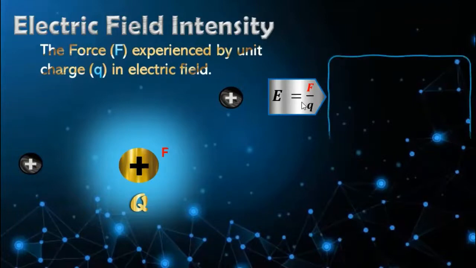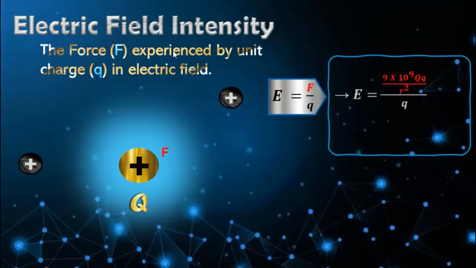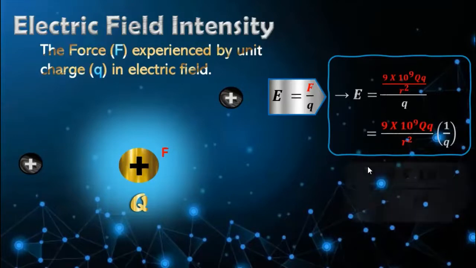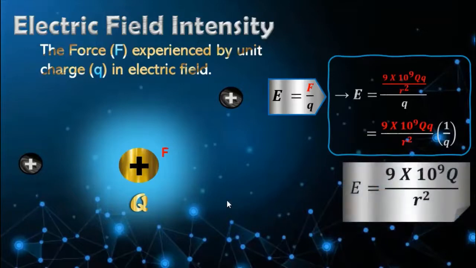To get the electric force, we have this formula: 9 times 10 raised to the power of 9 times Q q over r squared. Let's derive this formula, simplify, get the reciprocal for us to multiply the denominator to our numerator, and we have this second formula if force is unknown.